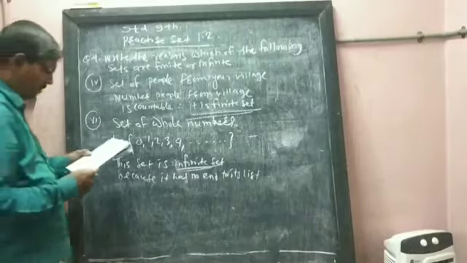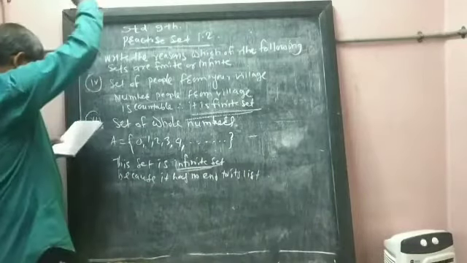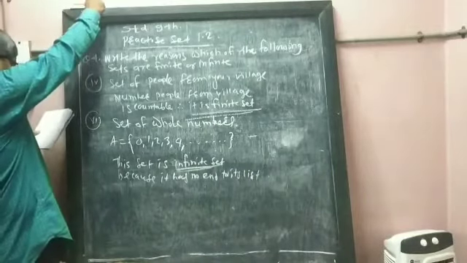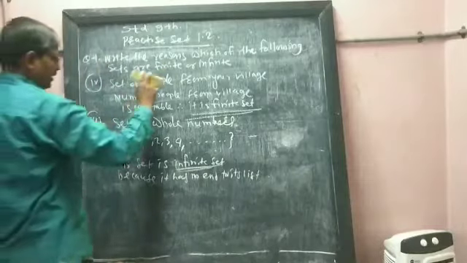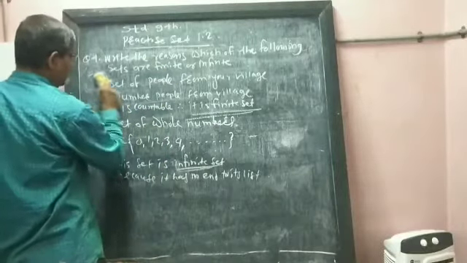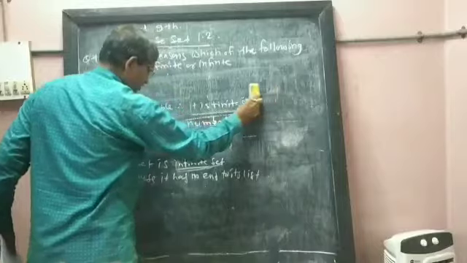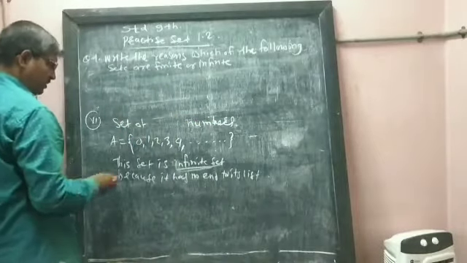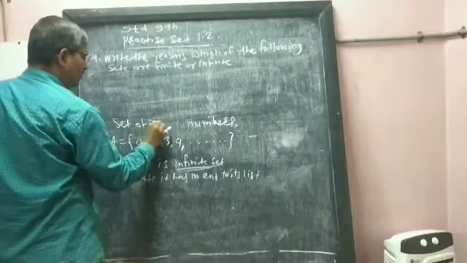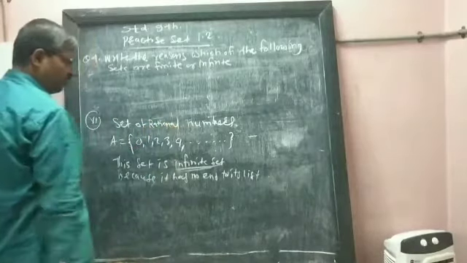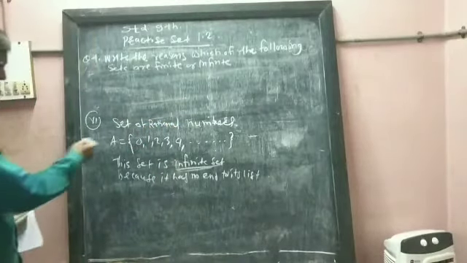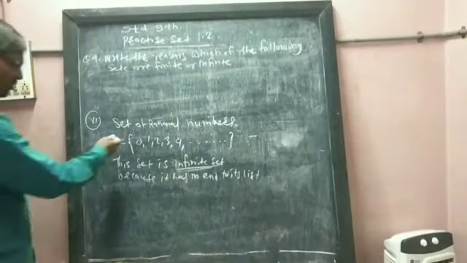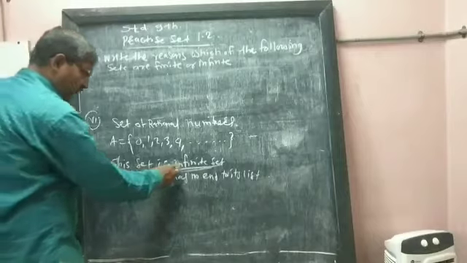Now next question. Sixth, set of rational numbers. I am going to erase this, and instead of whole numbers, we are writing set of rational numbers. Same answer, because this set is an infinite set.